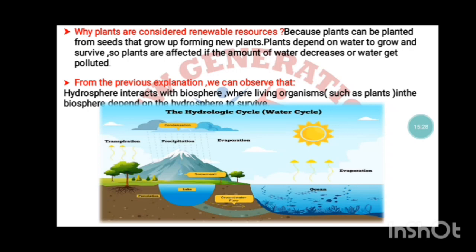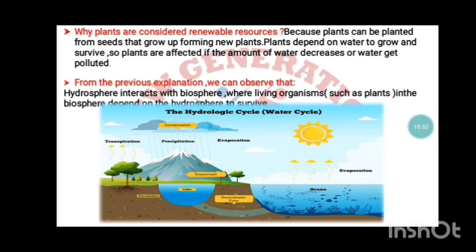Why are plants considered a renewable resource also? We have learned that renewable resource means a natural material can be replaced continuously. So why are plants considered a renewable resource?